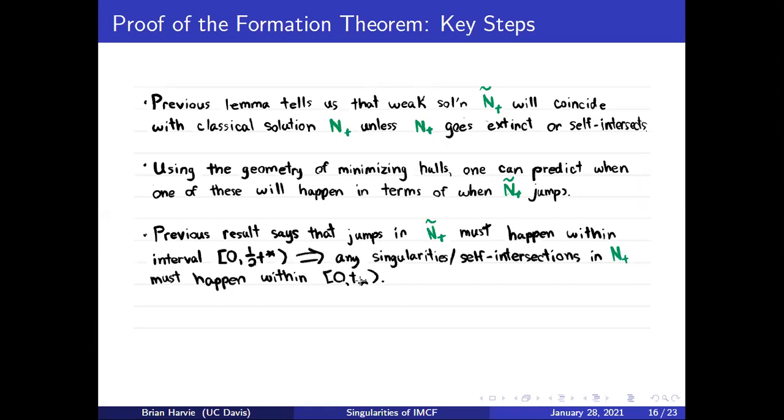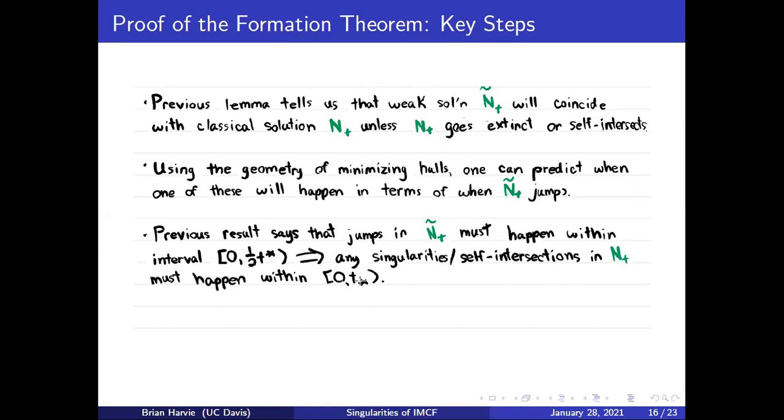Okay, so either you have N_t corresponding with N tilde of t for all times, and that was part A in the alternative that I showed you before, or either a singularity or a self-intersection happens.